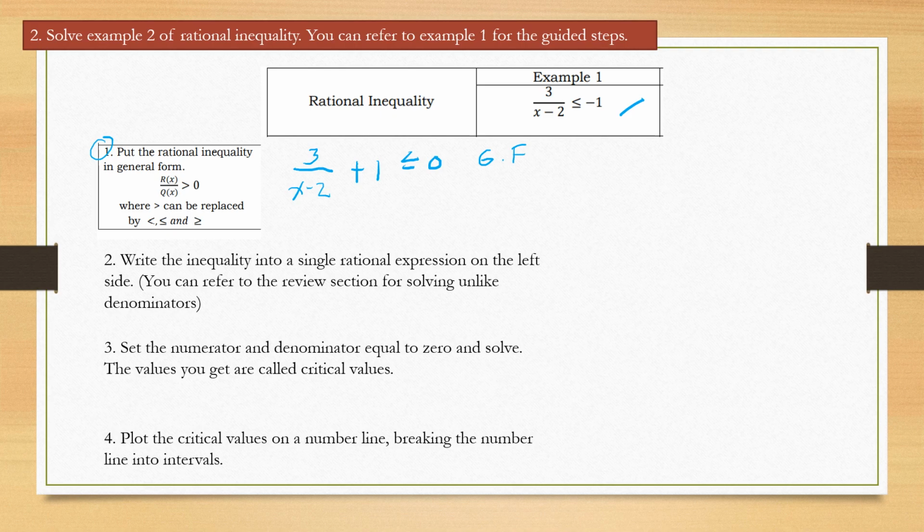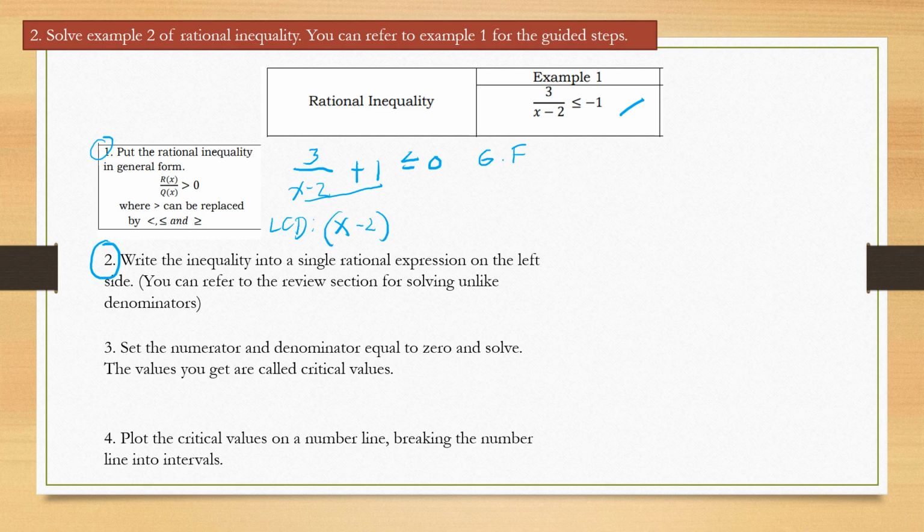After natin siyang ma-general form, we will write the given inequality into a single rational expression on the left side. So, parang kanina yung pagsisimplify natin ng rational expression. For us to simplify and make it a single expression, we have to get the LCD. Ang denominator ng 3 ay x minus 2, so kuhanin natin yung x minus 2.